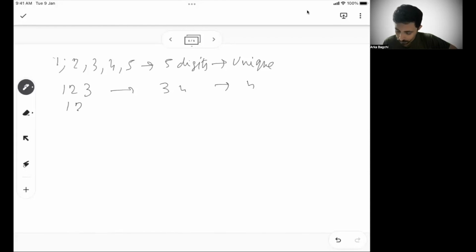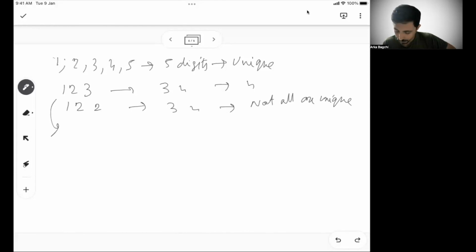Now if I give you 1, 2, 2, I am still giving you 3 digits, but not all are unique. So in how many ways can you select numbers? Let's say you have to find 2 numbers out of these 3 numbers.